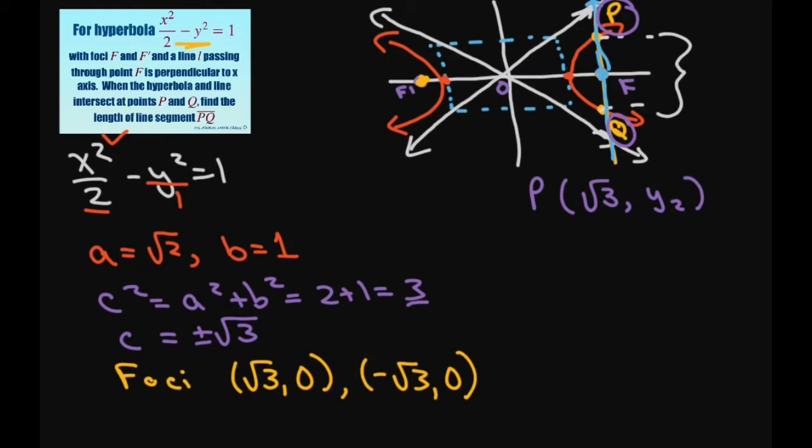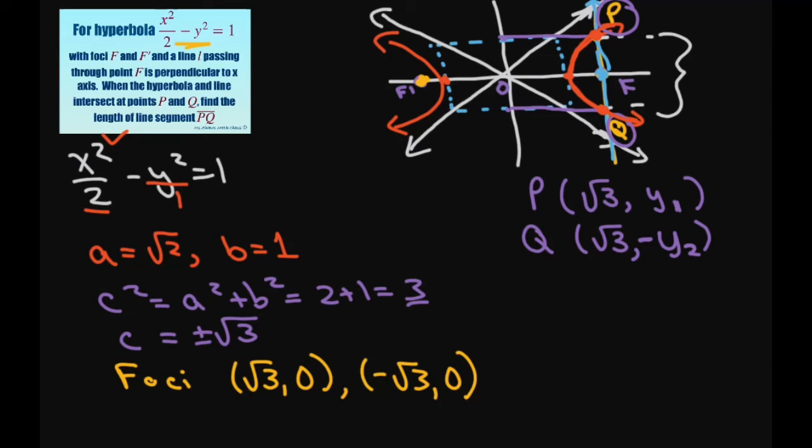And the Q is going to be square root of 3, negative y sub 2. And let's call this y sub 1. I should have made this y sub 1. So there's your first y, it's happening somewhere in here, and your second y is happening somewhere in here. Since they're on the hyperbola, these points are on this red part here.